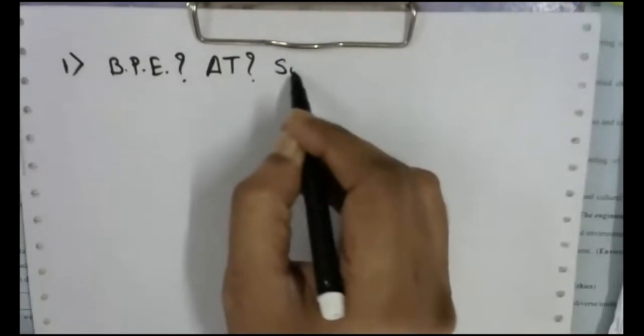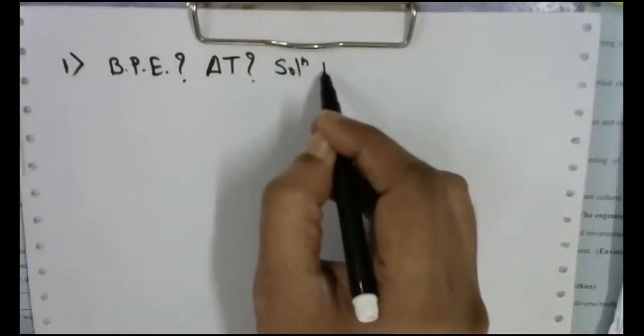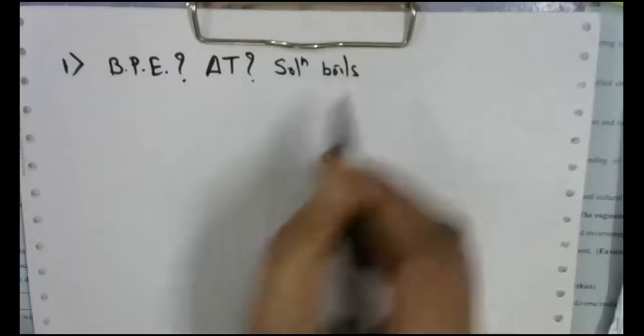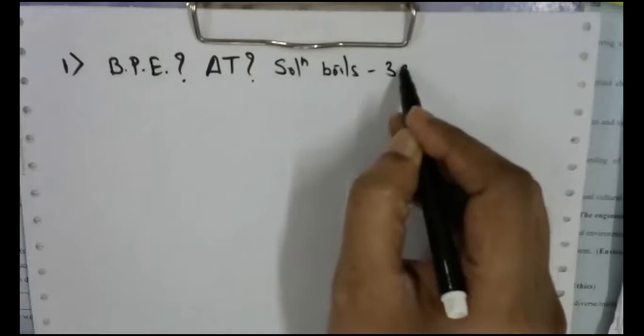So what is given? The solution boils at a temperature of 380 Kelvin, and the boiling point of water in the vapor space is 373 Kelvin.